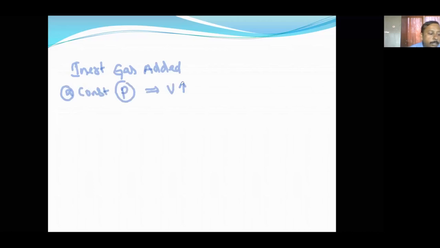Here, if inert gas is added, I will tell you one sentence. If you remember that, you need not learn something new. It is based on old values, only a new way of asking. Inert gas added at constant pressure: to keep pressure constant, volume must increase.